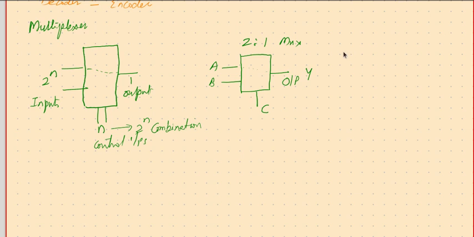That means the simpler form of this is: if C is 0, Y is the same as A; if C is 1, Y is the same as B. Still we are not very clear about what it is saying. So we can write A, B, C, and finally the output.